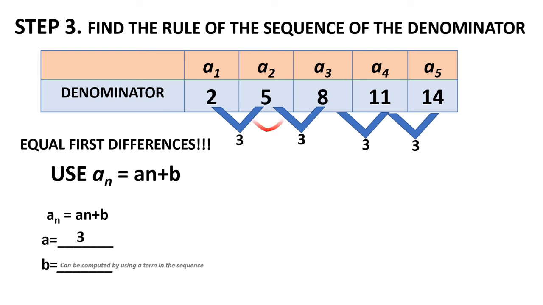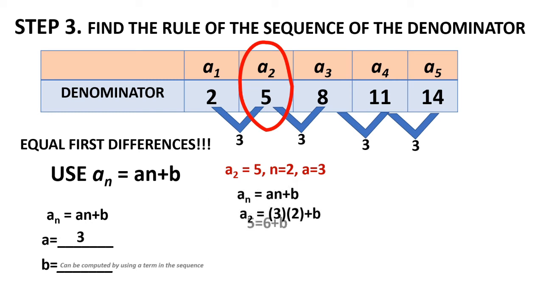And in this example, I will use a sub 2. At ang given na ngayon ay a sub 2 is equal to 5, in which n is equal to 2, and the common difference is 3. So using the rule and substituting the given, we got the value of b which is equal to negative 1.